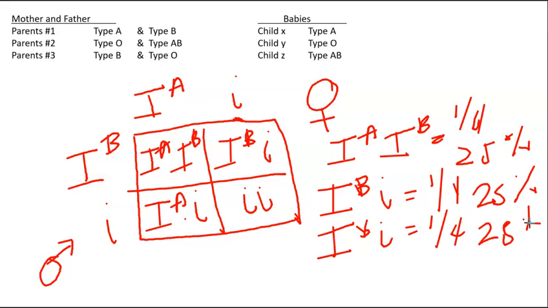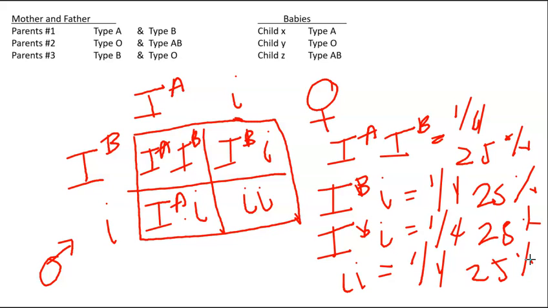And then in this last square, we have homozygous recessive for that type O blood type. Okay, so there's 25% chance. So parent set number 1 has the possibility of producing all 4 blood types.